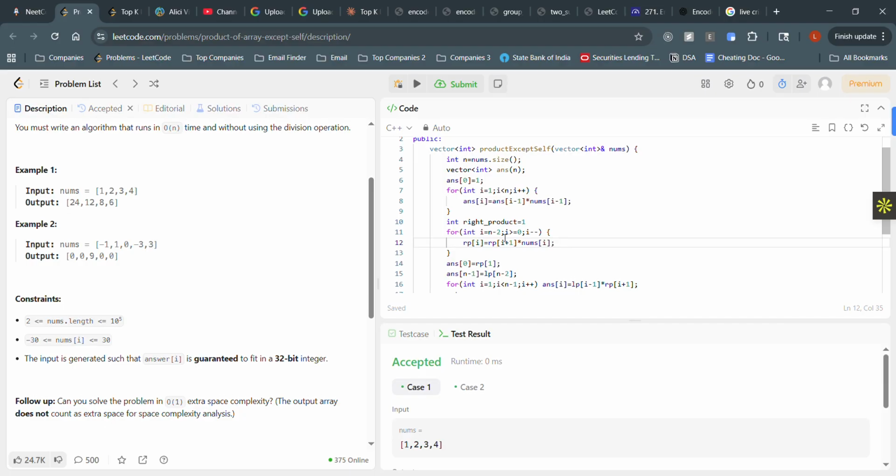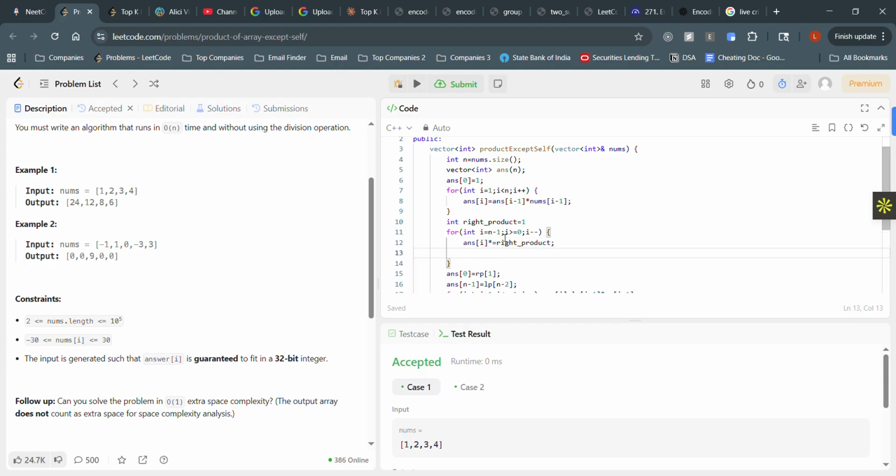Alright. So let's make things more clear by doing it here. I'll just erase all this. So initially my answer of I is nothing but a multiplication of its right product with itself.